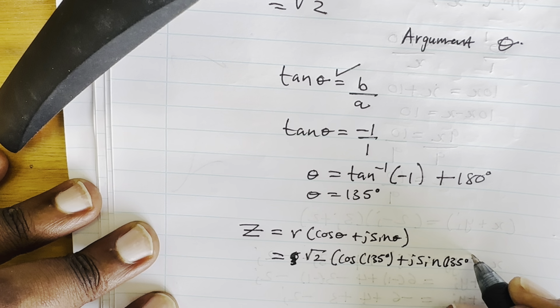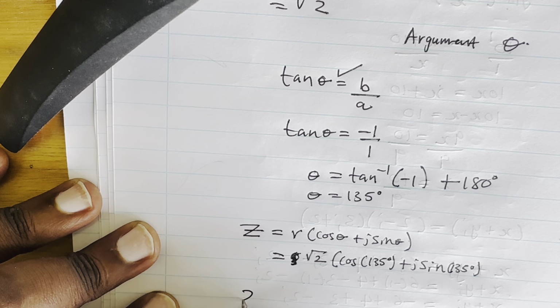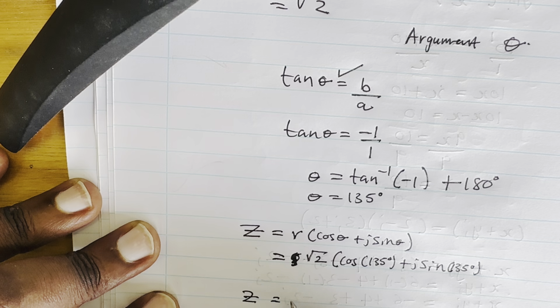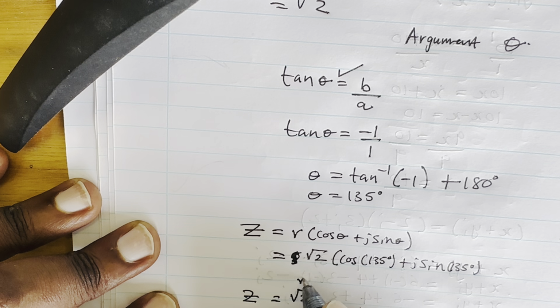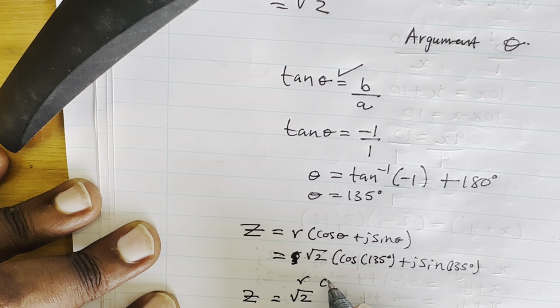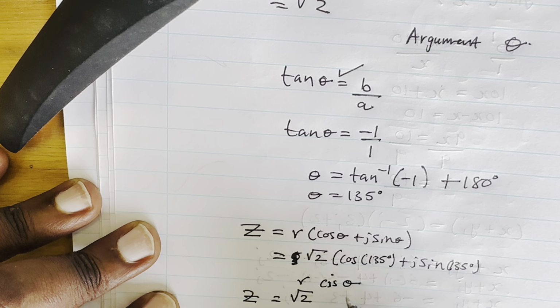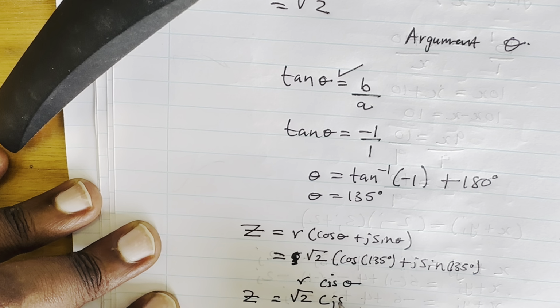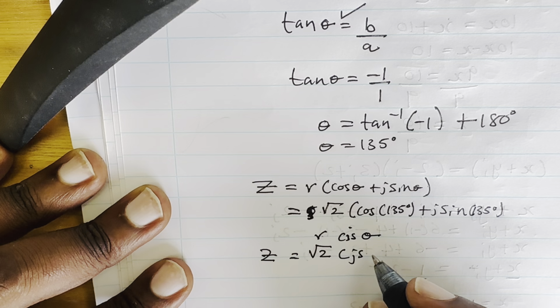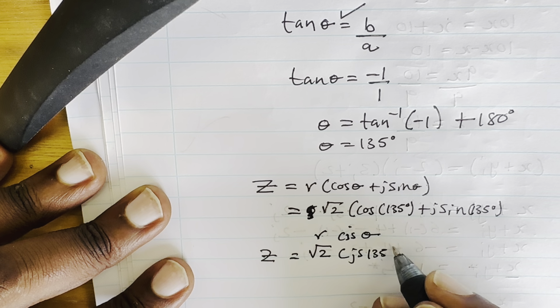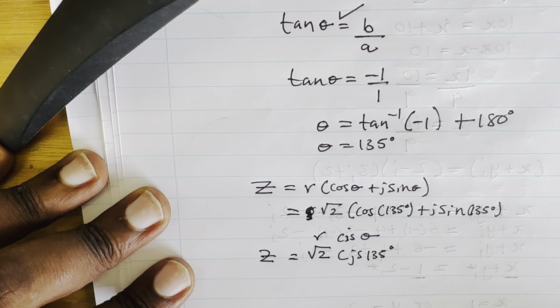Remember, this can also be expressed in this format: root of 2, which is r, cis theta. Root of 2 cis 135 degrees.